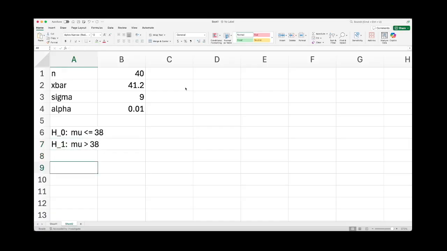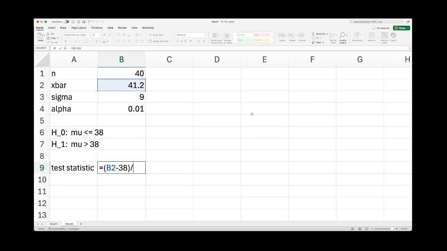So let's see, we said our test statistic. In the numerator, we would have our x bar, 41.2, minus 38. And in the denominator, we would have sigma divided by the square root of 40. The numerator is in parentheses, and the denominator is in parentheses.